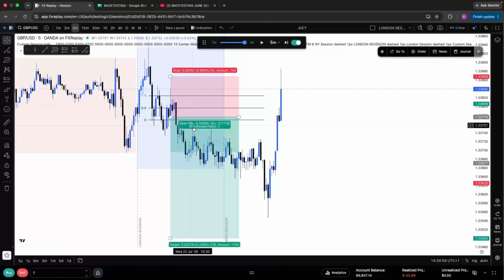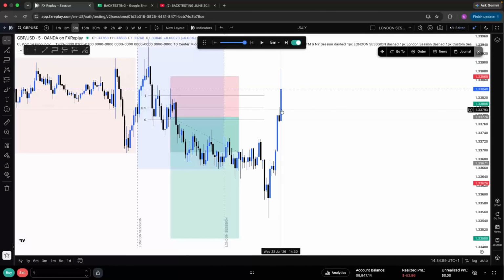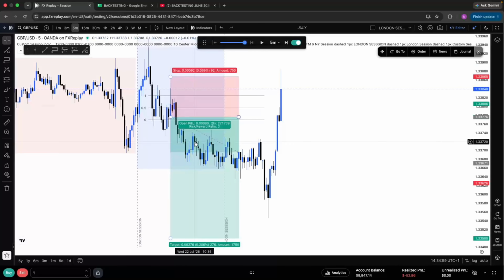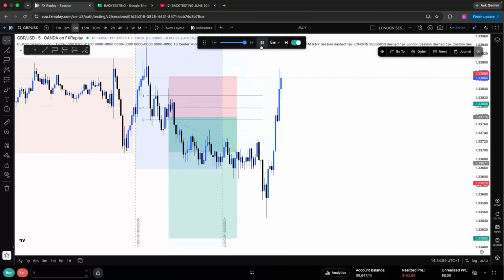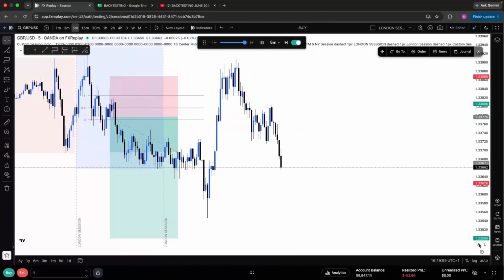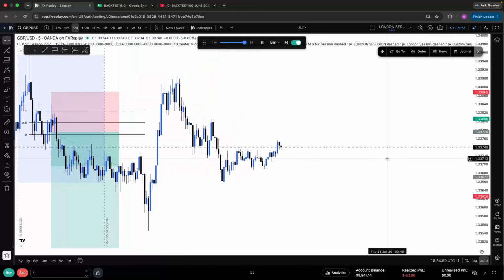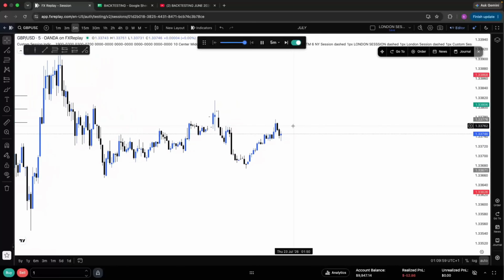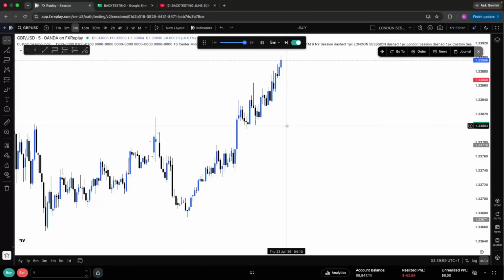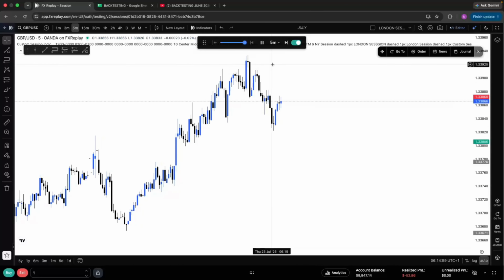So it hits full stop loss, so minus 1% on Wednesday. The trade was doing well and then reversed a couple pips from TP, which can happen, and it just is what it is.